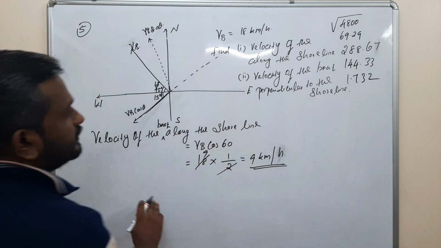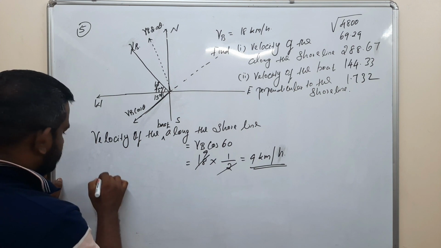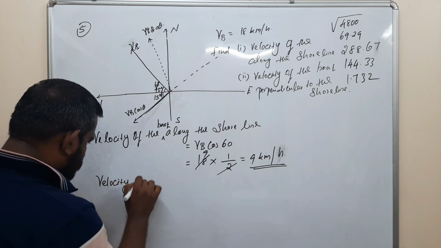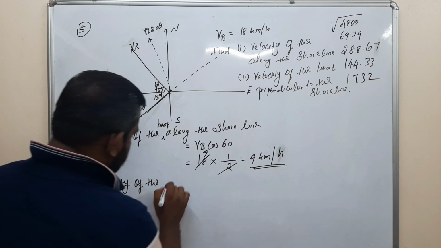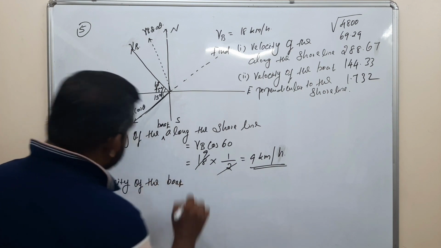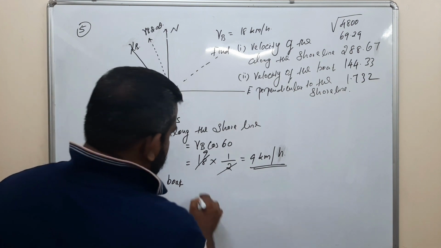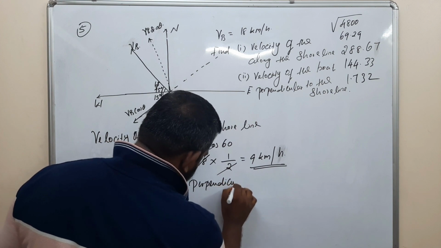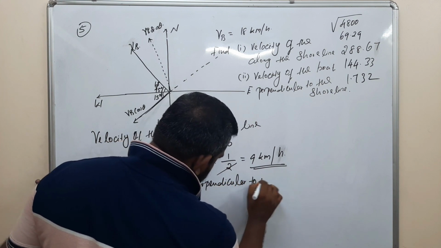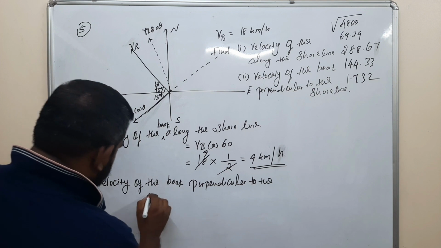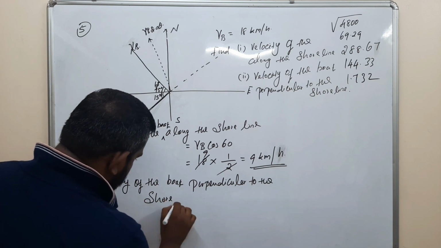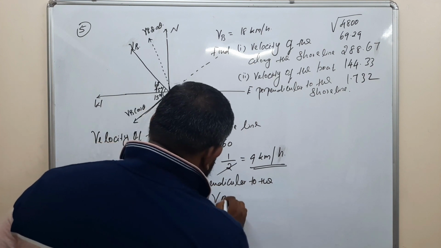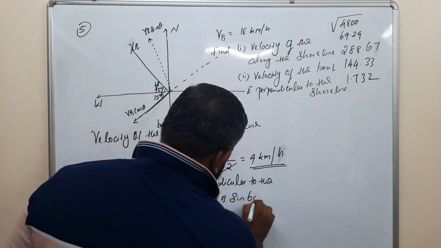So next we have to find the second one, the velocity of the boat perpendicular to the shoreline. That's equal to VB sin 60.